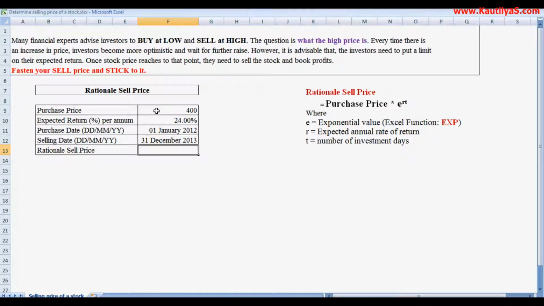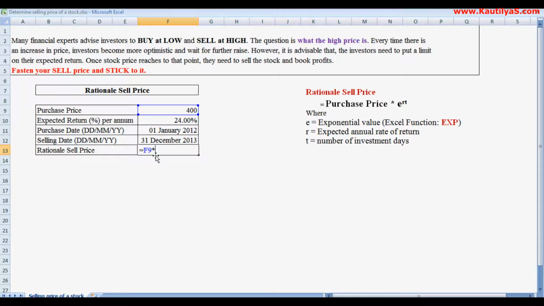Okay, now how do we determine the rational sell price? Here we need to use F equal to purchase price multiplied by e to the power of RT. E is the exponential value, R is the rate of interest or your expected return, and T is the duration in years.